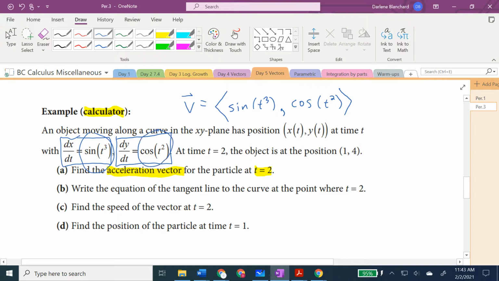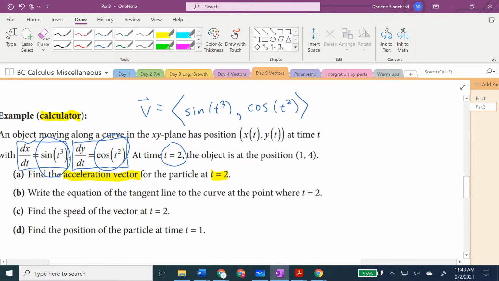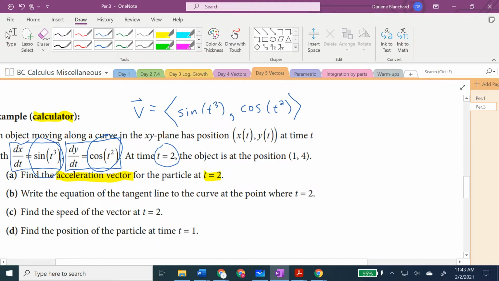And that will give me the acceleration vector. But I only need to know at one particular time what my acceleration is. That means that I'm going to tell my calculator that it needs to take the derivative of that highlighted function at 2.